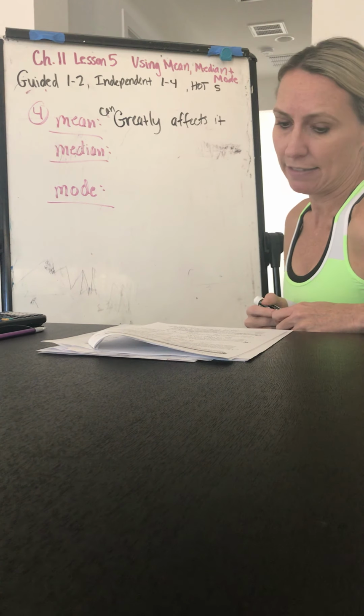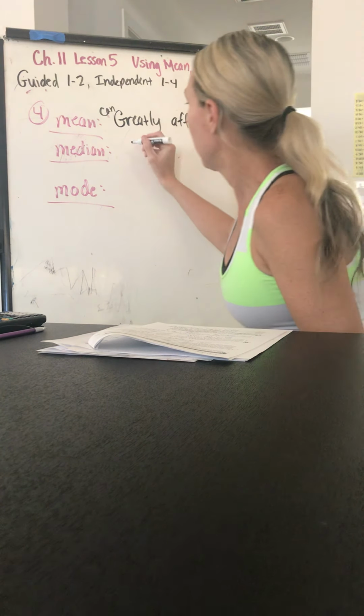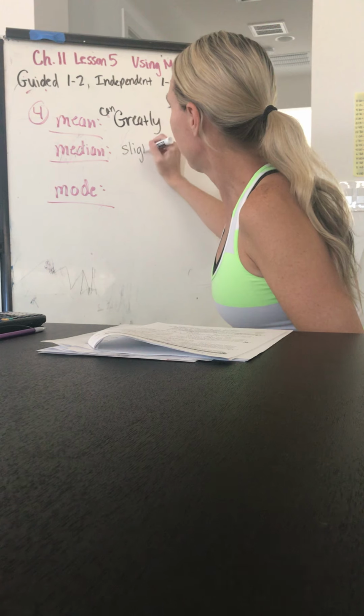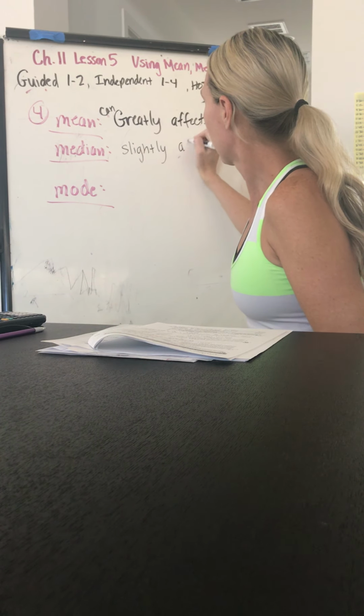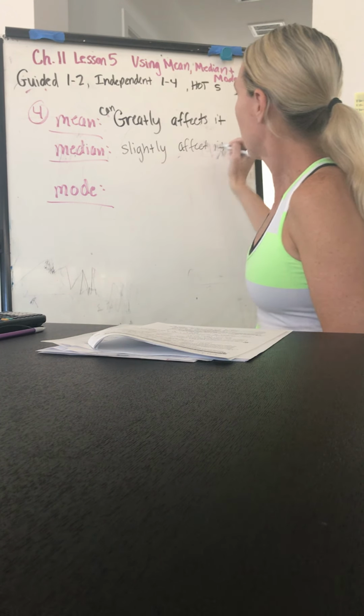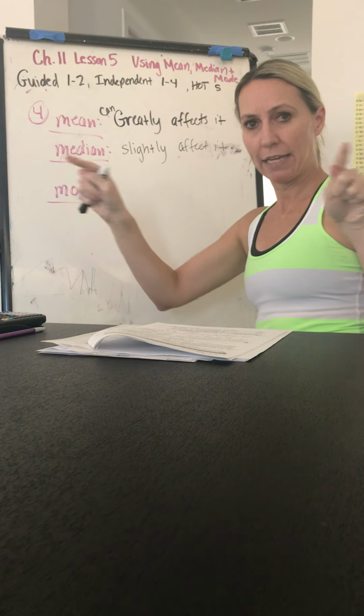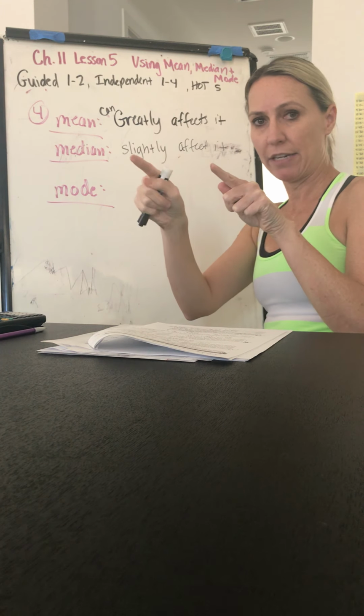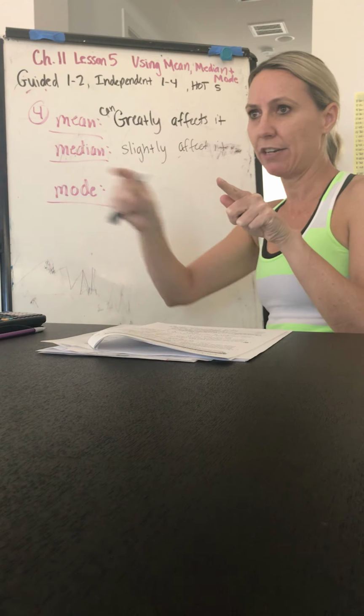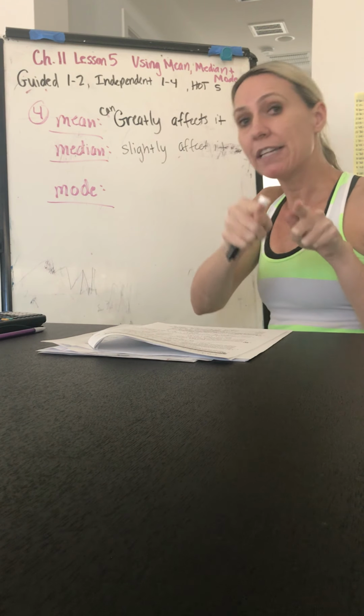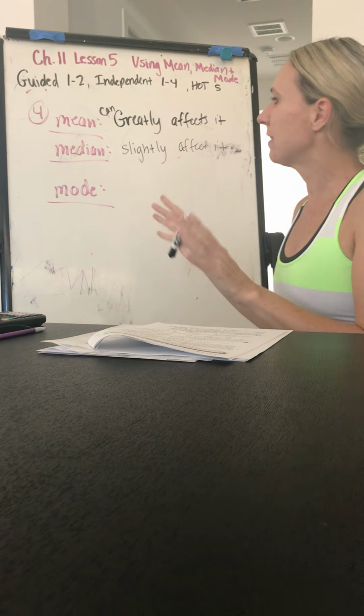Okay, the median, it's probably going to slightly affect it, because when you go to the middle like this, if you take out an outlier, it can shift it, or the outlier can just make it go to the next number, left or right, but it's not going to greatly affect it.